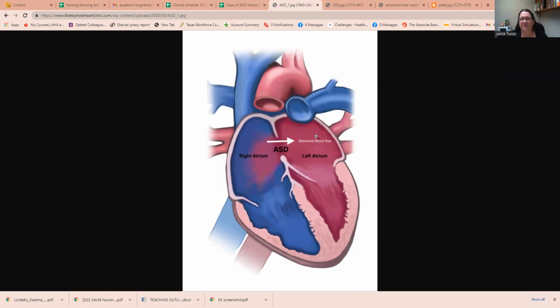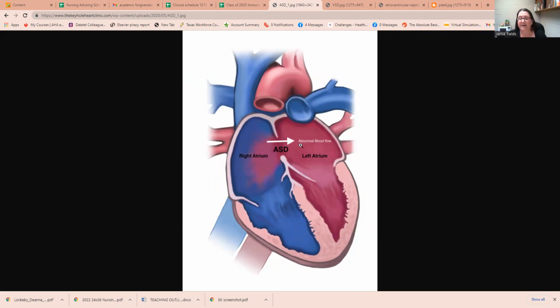We have the left atrium that is oxygenated blood that is going out to the body, right? But we have an opening between the right atrium and left atrium. So usually we're going to get a little bit of blood that should be going to the left ventricle. It's instead going to go through that opening into the right atrium. So we're sending extra blood to the lungs, okay?